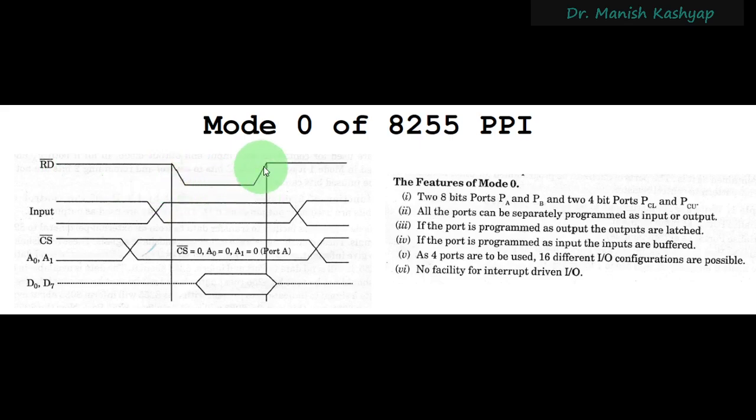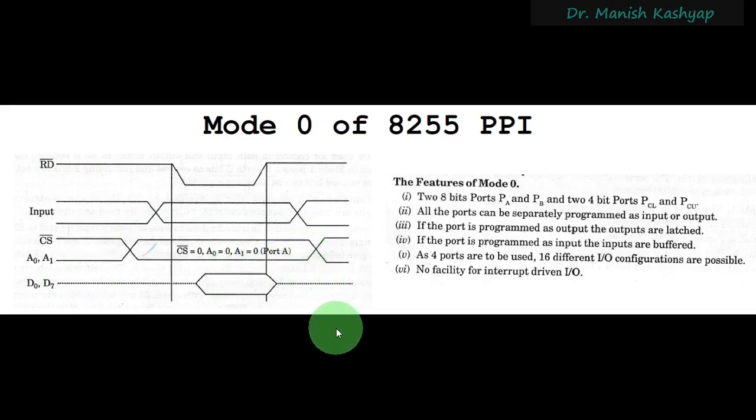You can see that in this particular duration, the data will be transferred from 8255 to the microprocessor. So the data comes from the externally interfaced peripheral to 8255 and to the microprocessor. This happens in this particular duration. So this is as simple as this, right? We only need to remember this sequence of signals which need to be operated.